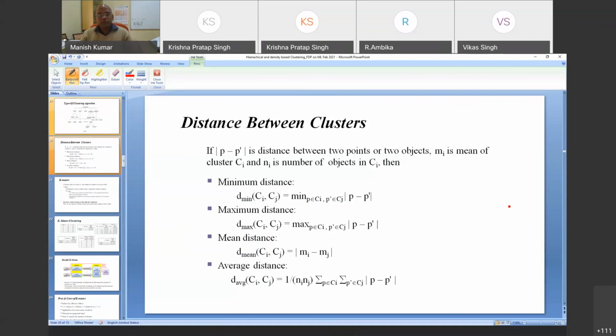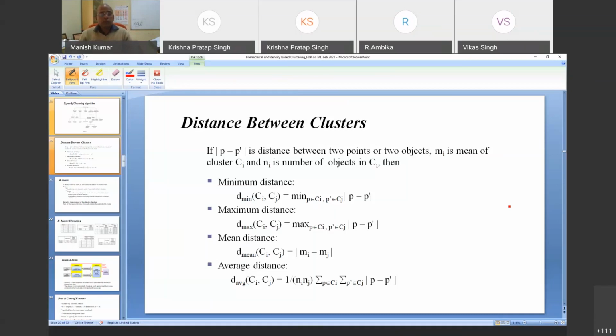First one is minimum distance. When you look for this, the minimum distance between class I and class J will be considered. Whereas in case of maximum distance, we go for the maximum distance between class I and class J. Mean distance: you calculate the mean of the points of the class Ci and the mean of the points of the class Cj, and then you take the difference.